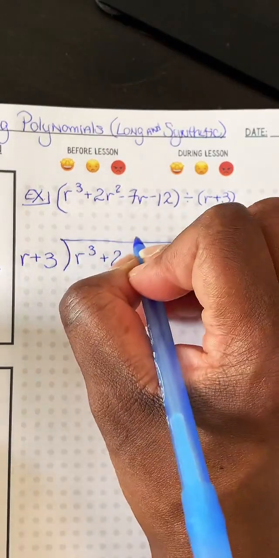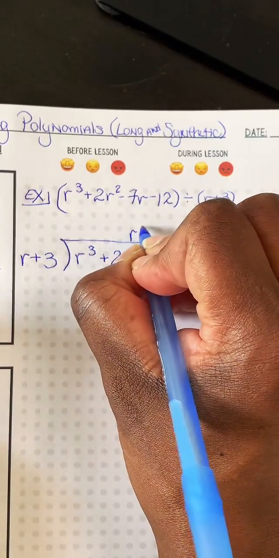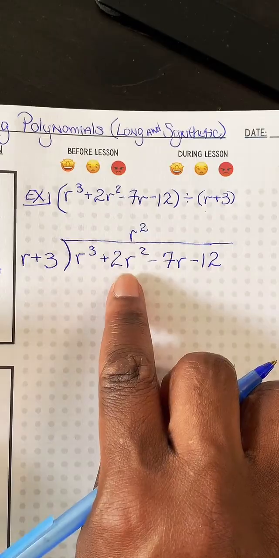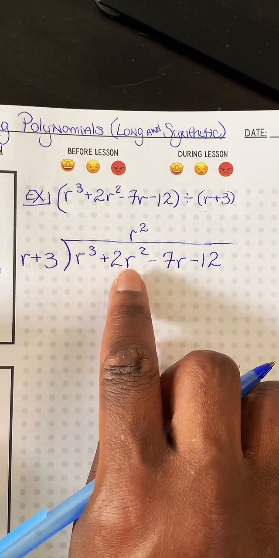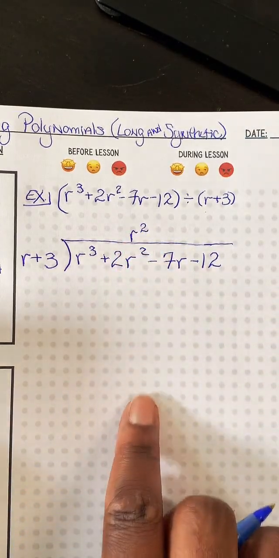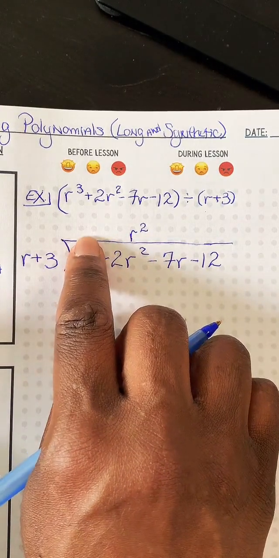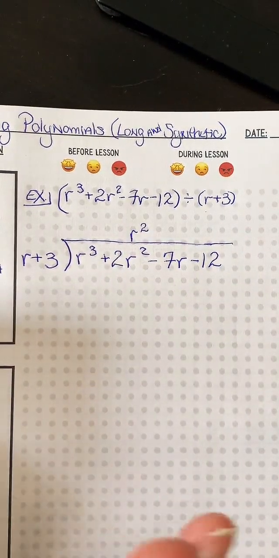That will give me r squared. Notice I put the r squared over top of the r squared terms. You want to keep them aligned, because if you put it over here, it gets crazy.